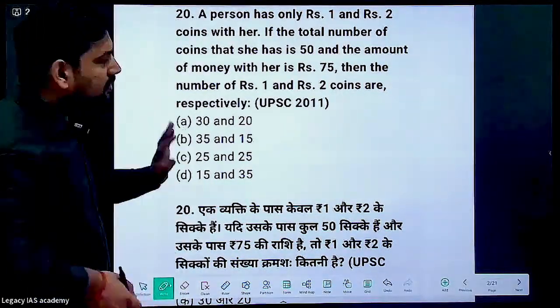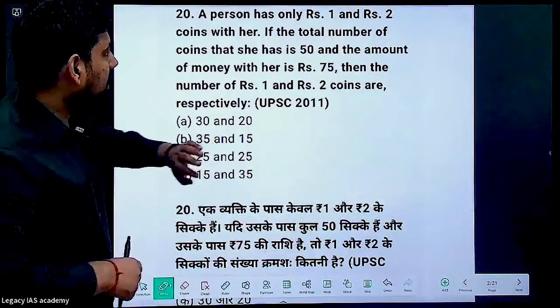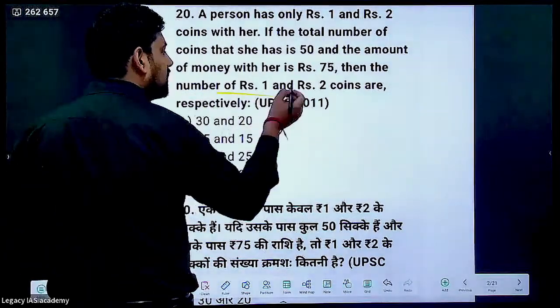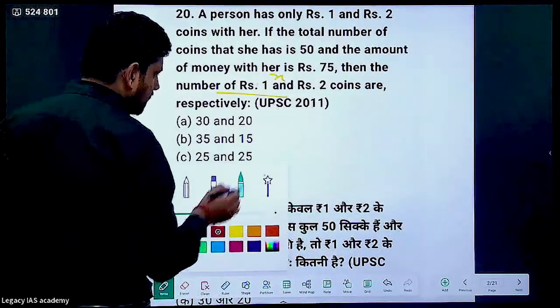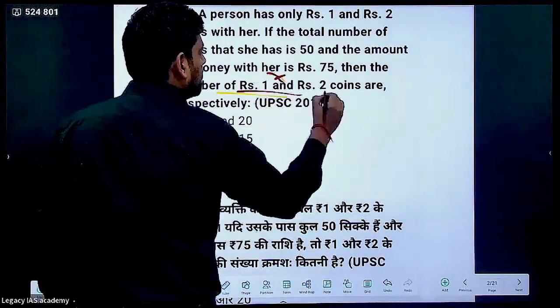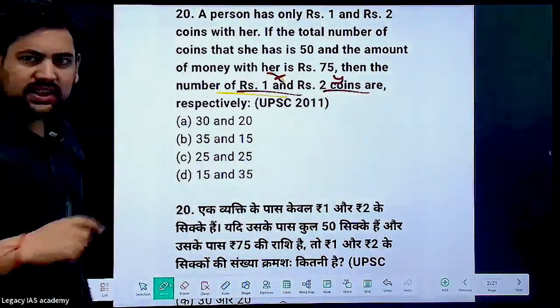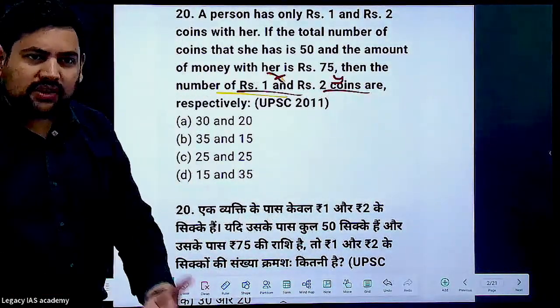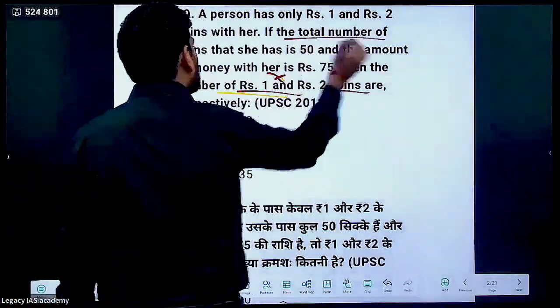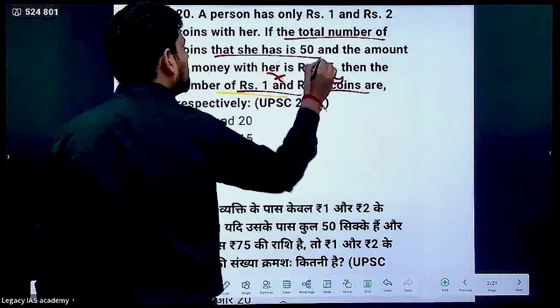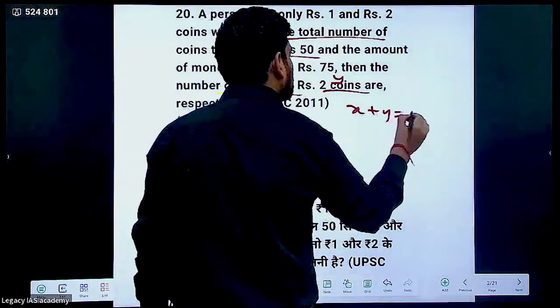So two equations. Basically, number of 1 rupee coins be x, number of 2 rupee coins be y. Then first thing is total number of coins is given to you. How many coins do you have? 1 rupee, 2 rupee, 5 rupee does not matter. Simply total number of coins is 50. That means x plus y is equal to 50.